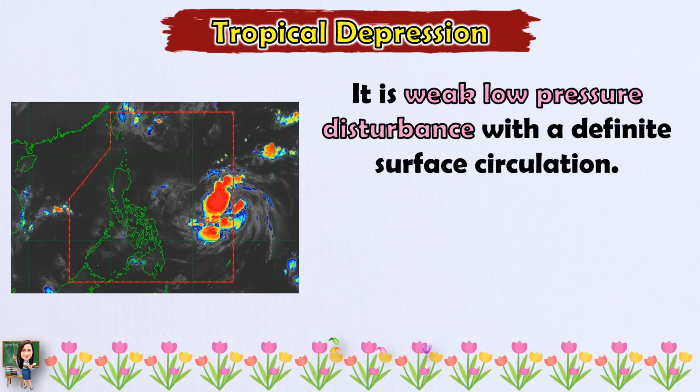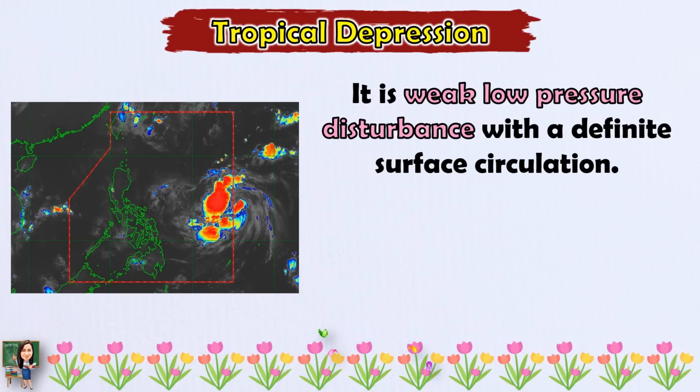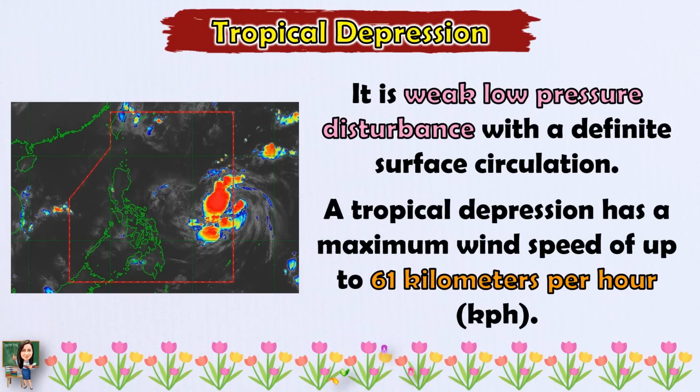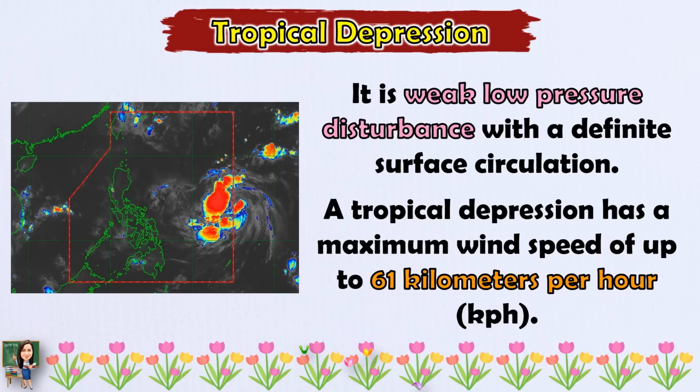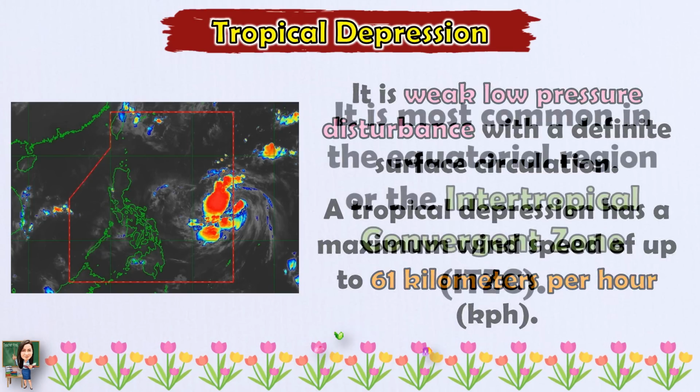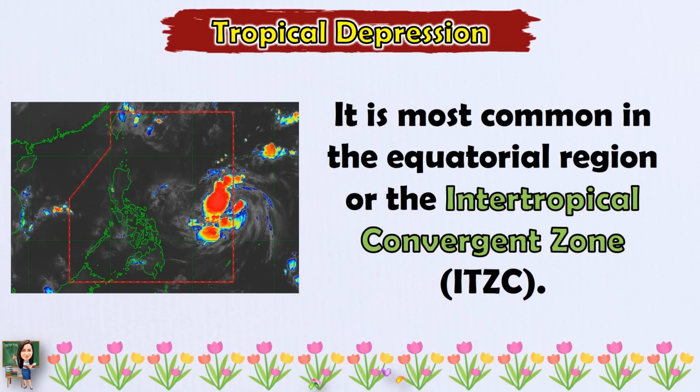It is a weak low-pressure disturbance with a definite surface circulation. A tropical depression has a maximum wind speed of up to 61 kilometers per hour. It is most common in the equatorial region or the Intertropical Convergence Zone or ITCZ.